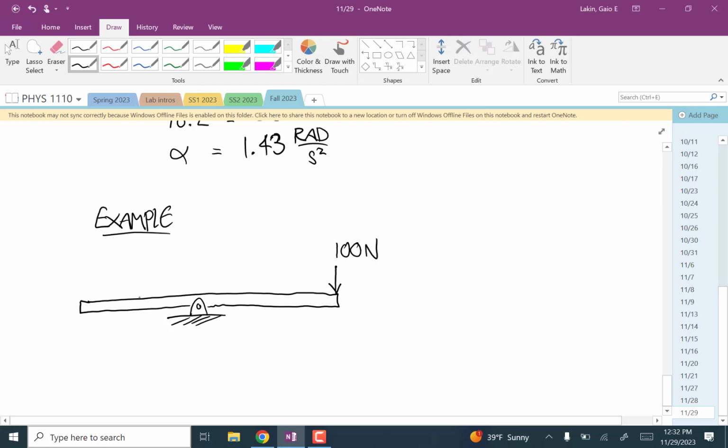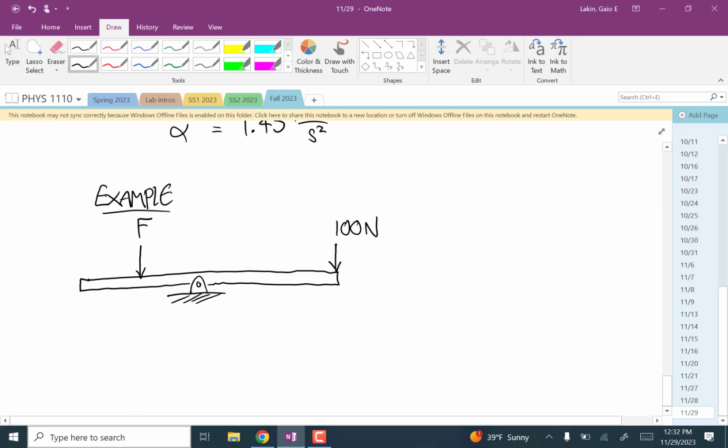And we apply a force here of F. We don't know what that is. And let's say this distance is 1 meter, and this distance is 0.5 meter.